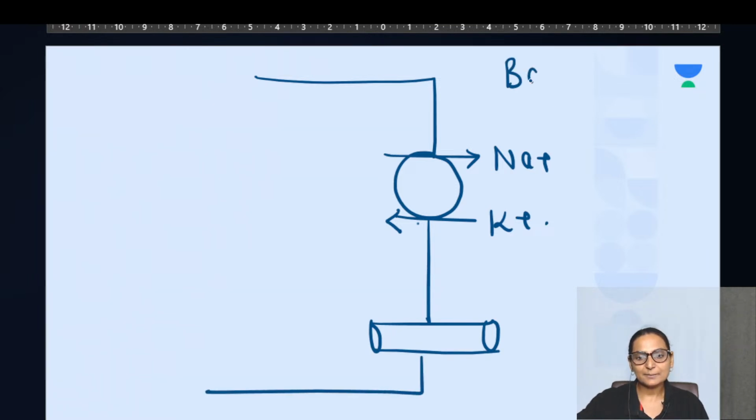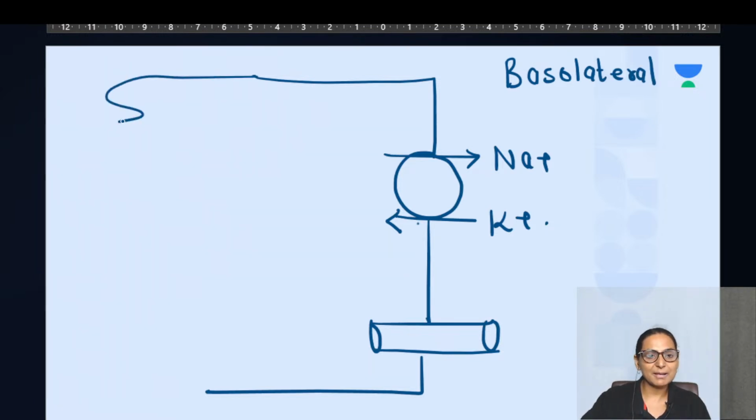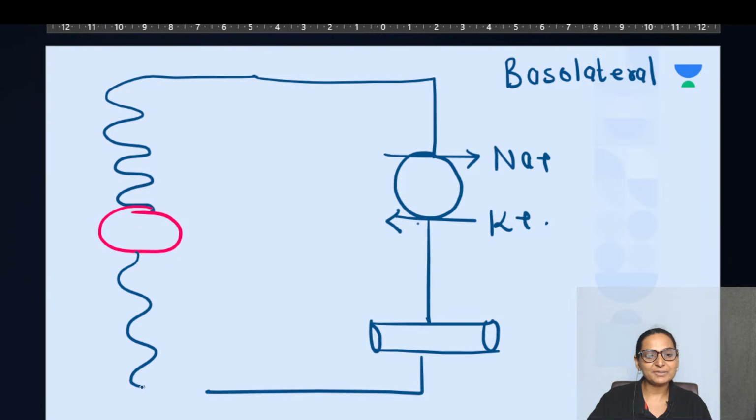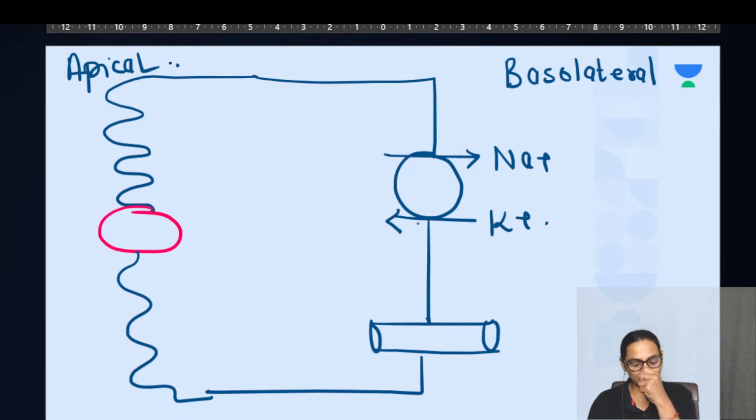So this is my basolateral side, and this is my apical or luminal side. This apical or luminal side is going to have the SGLT.